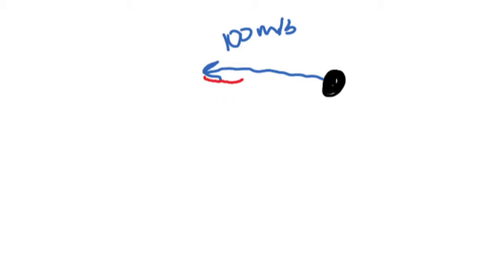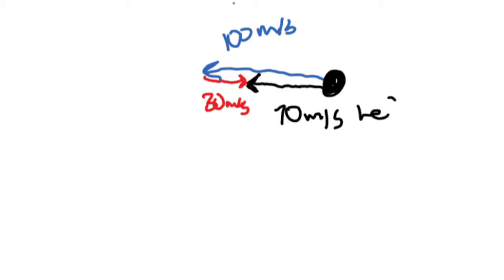So tip to tail, I'm going to go back 30 meters per second because this arrow was going 30 meters per second the other way. So my resultant will be from where I started to where I ended. And in this case, this is 70 meters per second to the left.